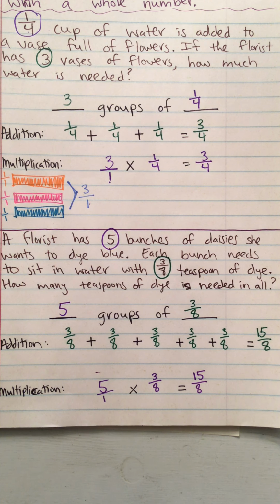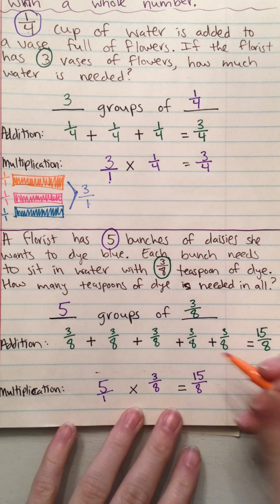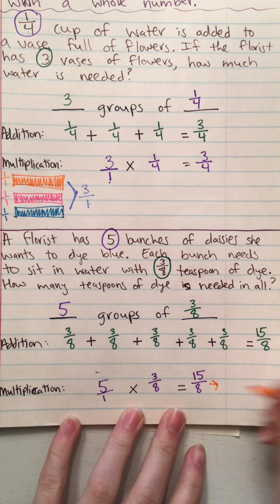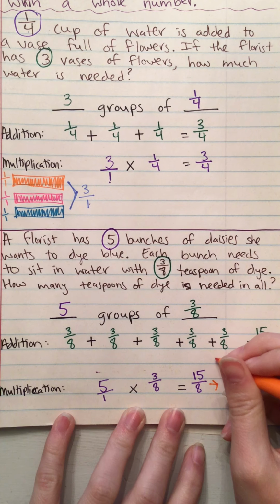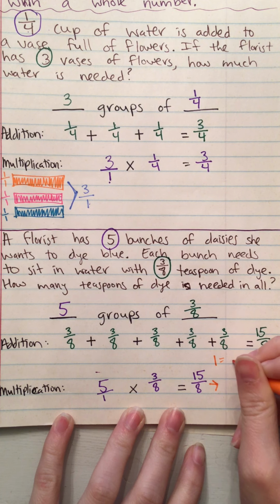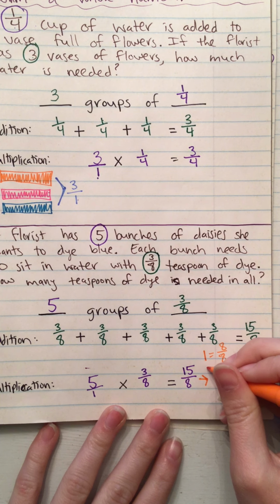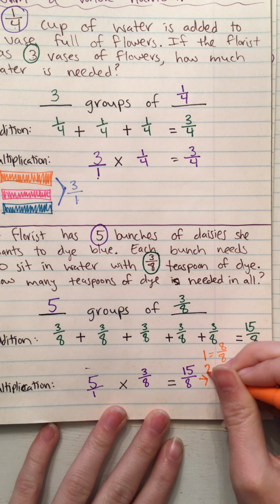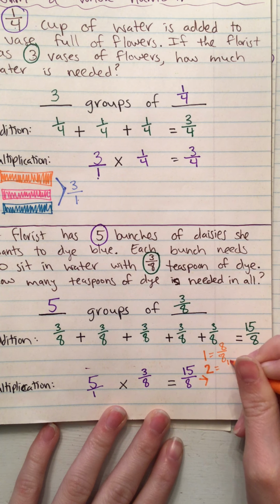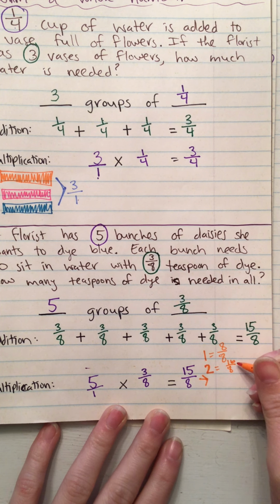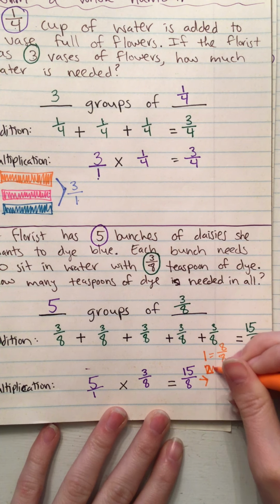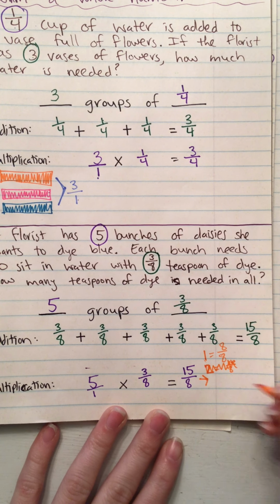Okay? Now I want to change it, so I have to think how many wholes are in 15/8. Well, I know 1 whole equals 8/8. I know that if I have another whole, so 2 wholes, that would be 16/8. Well, wait a minute, I went over the 15. So I can't use this 2. I have to just stick with the 1.